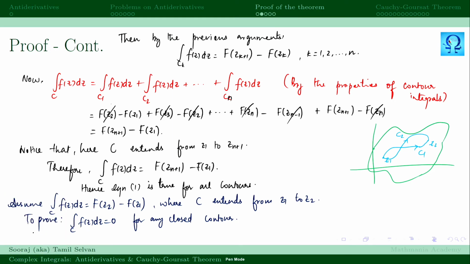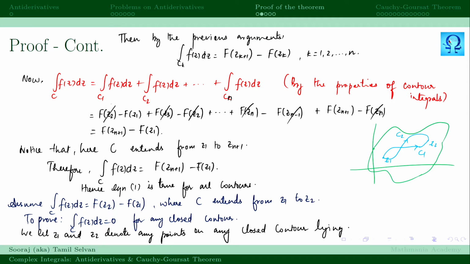In order to prove this, we let z_1 and z_2 denote any two points on any closed contour lying in D, and form two paths C1 and C2.